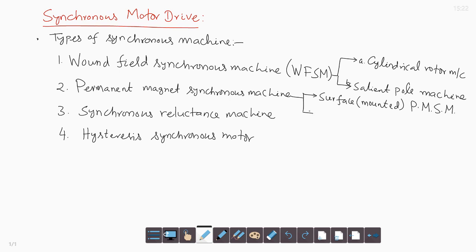In the second category, interior means buried inside the rotor. Interior permanent magnet synchronous machine, IPMSM. So, the second type is abbreviated as IPMSM and the first type is abbreviated as SPMSM, surface mounted and interior permanent magnet synchronous machine.